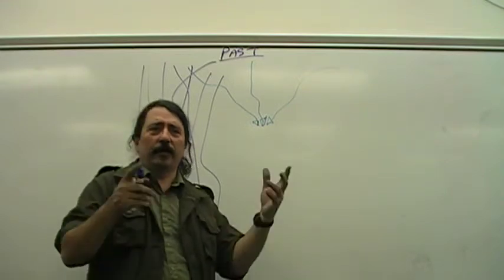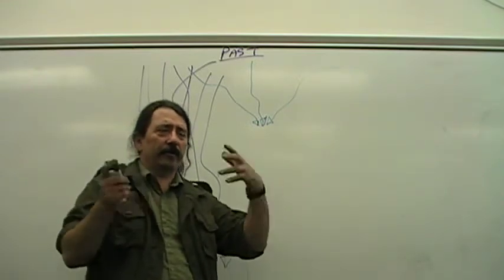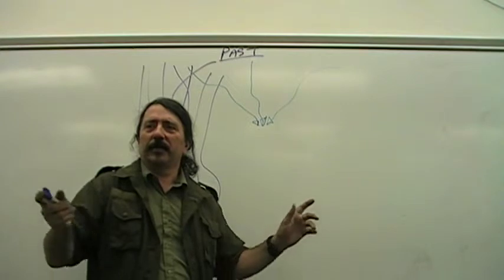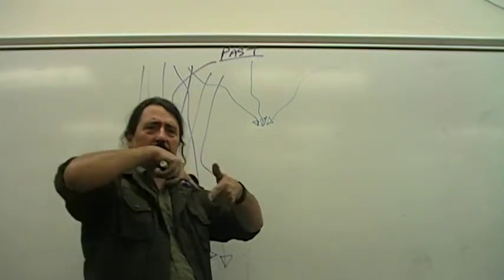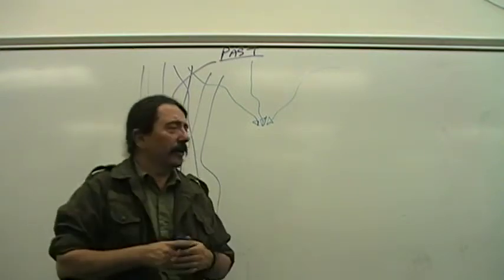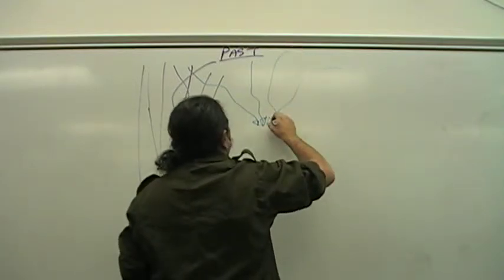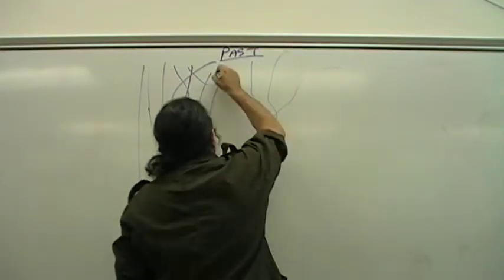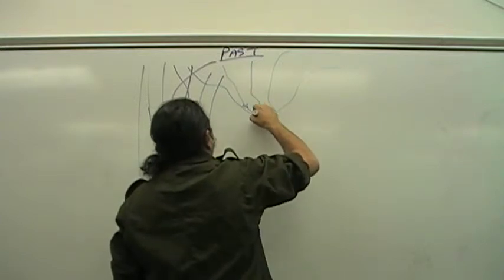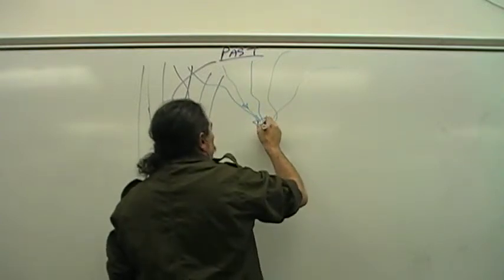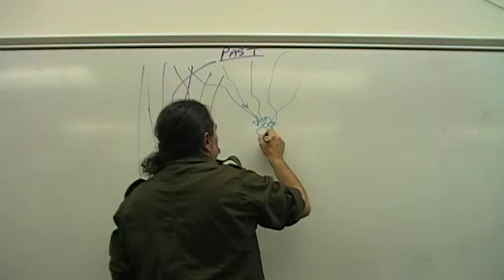Think of all the peregrinations of your ancestors that ended up with your parents meeting and falling in love and getting married and having you. So there's all this causality from all over the world that comes together and produces you.